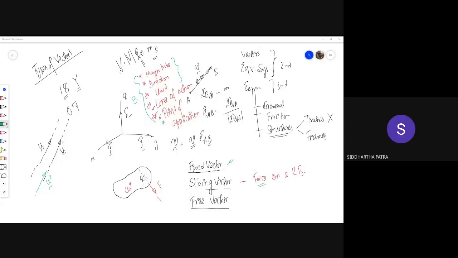As long as it is acting anywhere on that body, on that line of action, it is going to produce the same effect. You see, the moment is going to be the same. The normal distance to the force from the center of gravity doesn't change if you slide the force along its line of action.